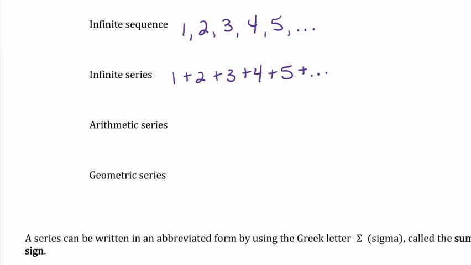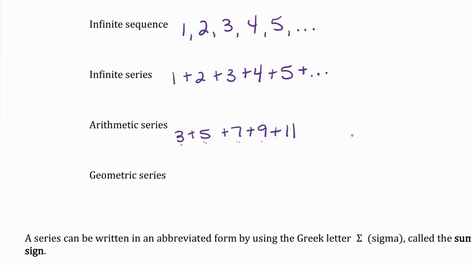So an arithmetic series could be 3 plus 5 plus 7 plus 9 plus 11. To get from 3 to 5, I add 2, from 5 to 7, I add 2, 7 to 9, I add 2, and so on. It's the same pattern, but this time I'm adding them all together.